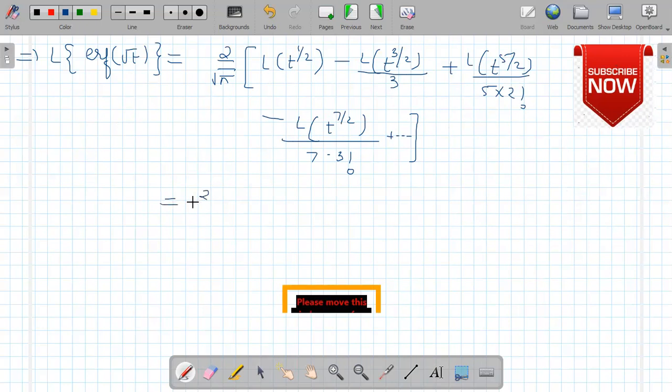Now this is equal to 2 upon square root of pi. What will be the Laplace of t raised to power half?